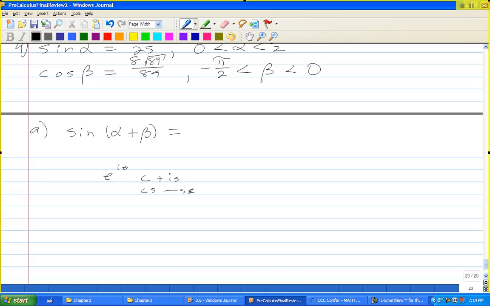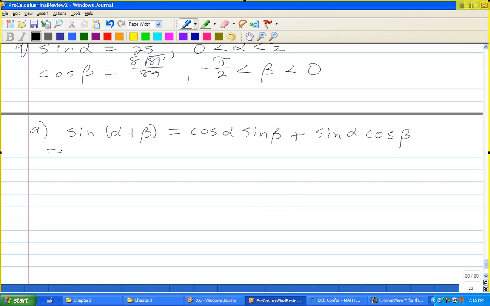Okay, so it's cosine alpha sine beta plus sine alpha cosine beta. One of these days I'm actually going to memorize this formula, but I have to rederive it every time. Okay, so that's the addition formula for sine. So it says to find the exact value of sine of alpha plus beta.